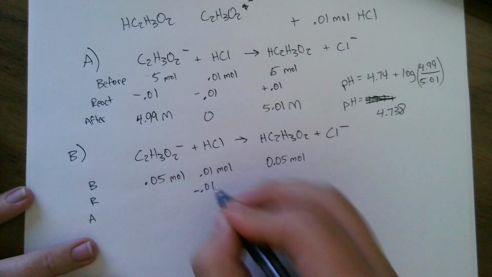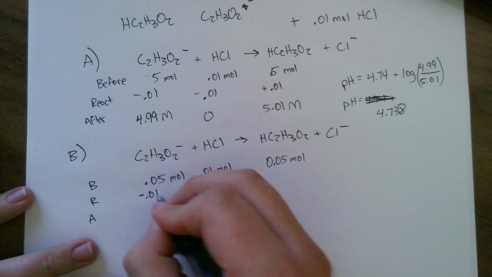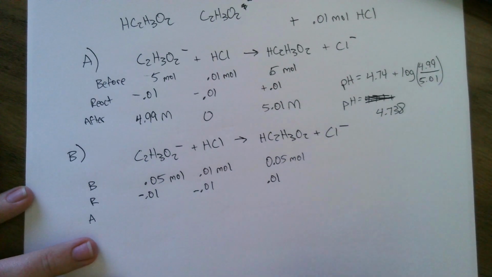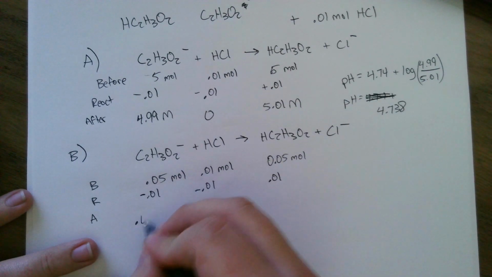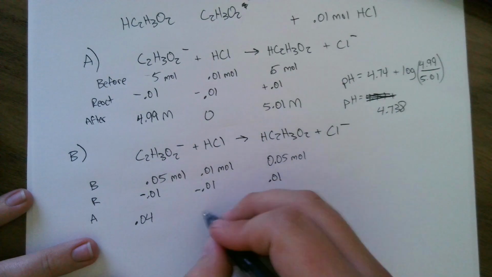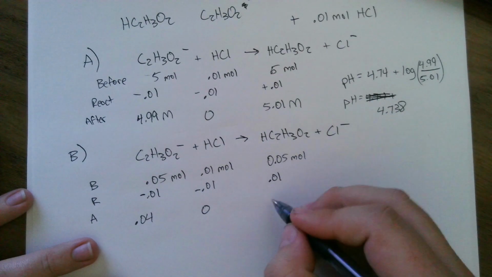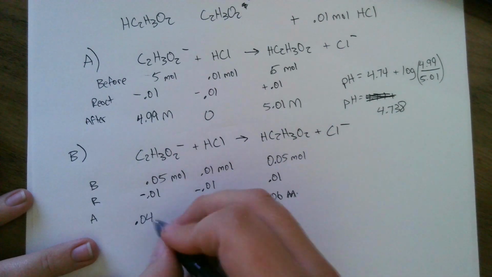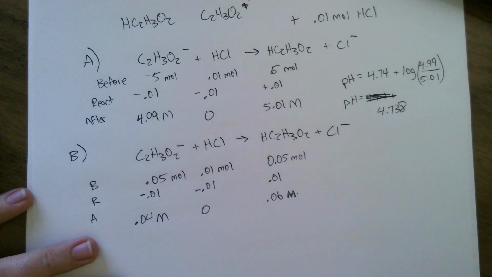All of it's going to react away, reducing this number by 20% and increasing this number by the same. I'm this time left with 0.04 moles of my acetate ion. No HCl is left over. 0.06 moles of acetic acid are left.